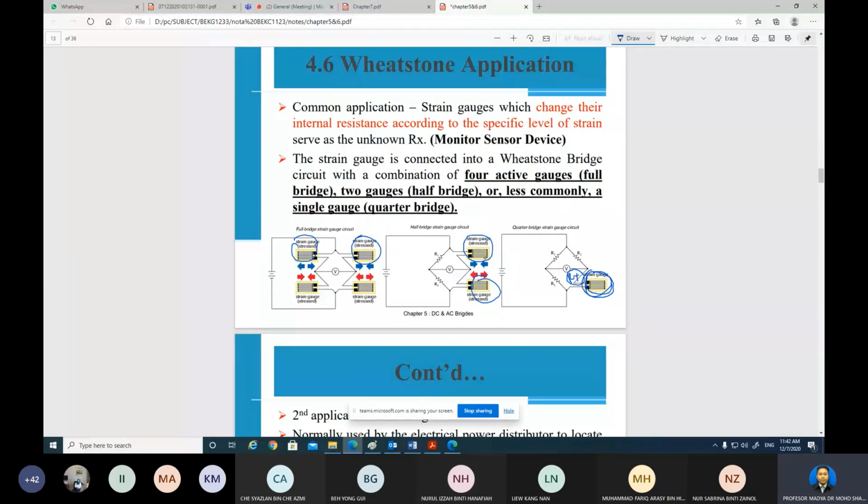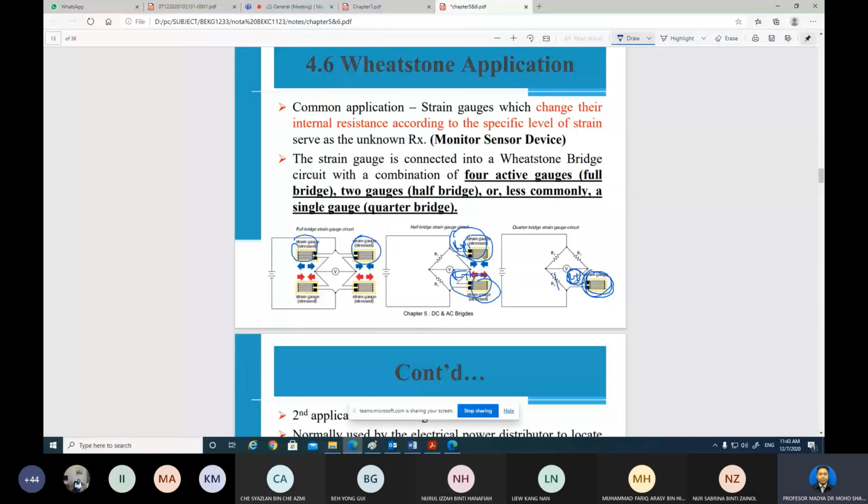For example, if we have two, we have Rx1 and another one we call Rx2; both are unknown. The concept will be the same. Normally for simplicity we use only one Rx here, a single gauge, and we measure the strain gauge based on the value of Rx.